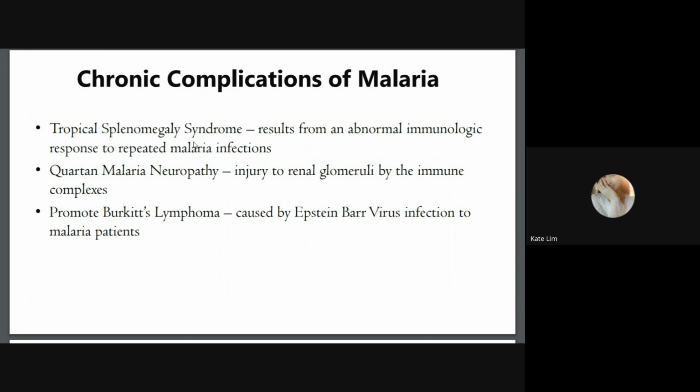If you remember, this is the condition which results from an abnormal immune response to repeated malarial infection, especially in endemic areas, now labeled as HMS, or hyperreactive malarial splenomegaly.